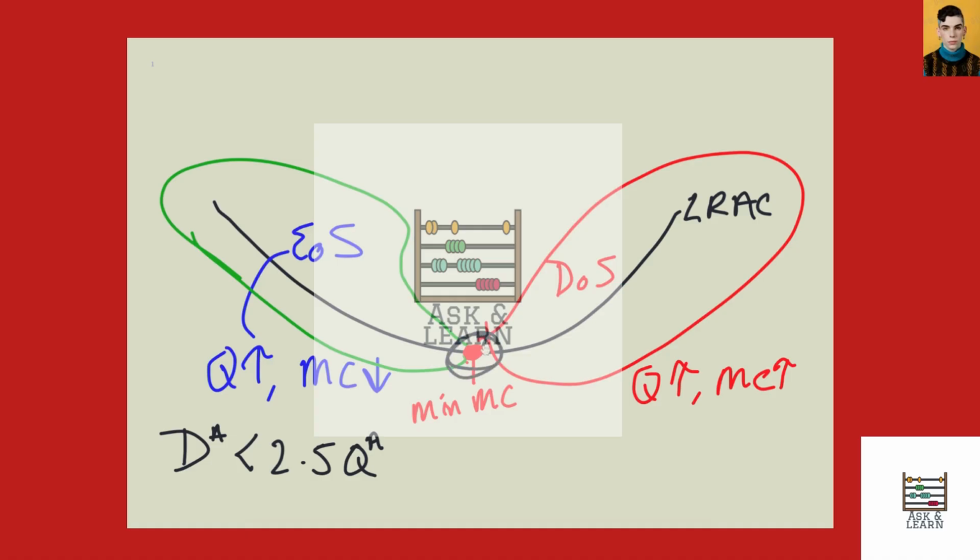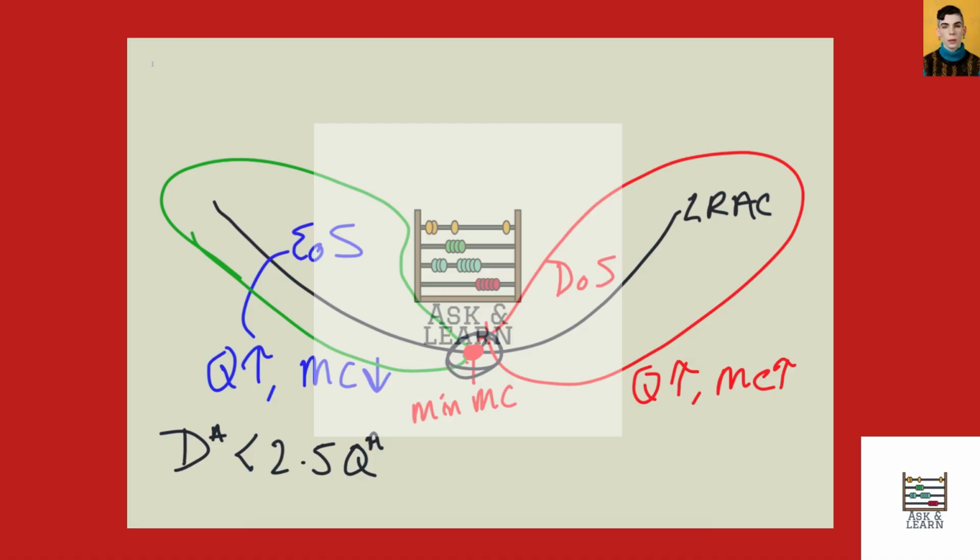And because this is the very minimum point, that is when a firm would produce the most amount of quantity while minimizing their marginal cost. And so if this is the case, that means that there's less demand than there is supply right now.